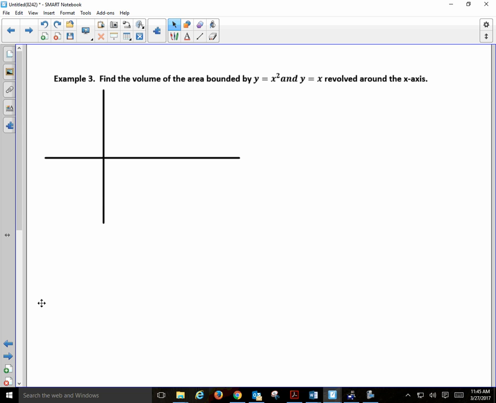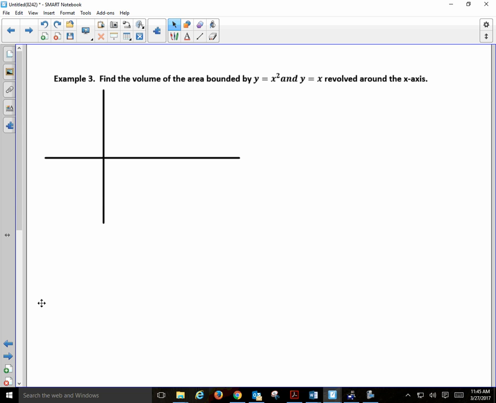This example, the previous example, you were rotating around something other than the y-axis or the x-axis. That made that example important so that you could understand what to do when you have a different rotation. What's unique about this problem is that there are multiple ways to do it.